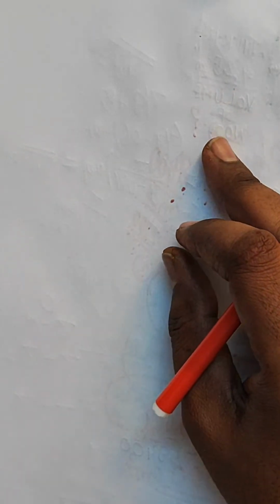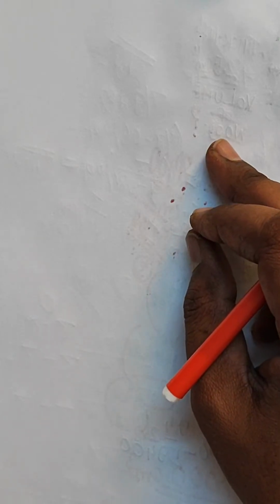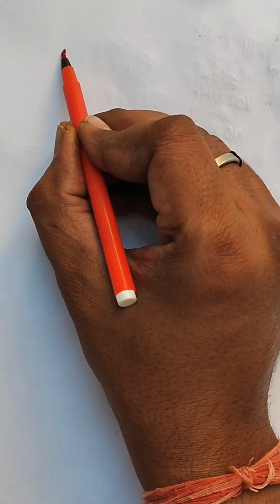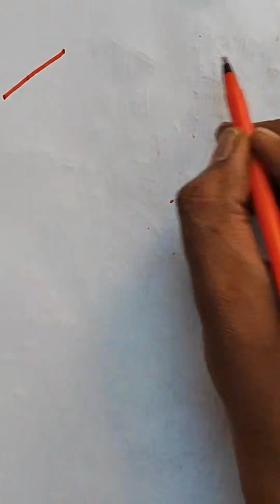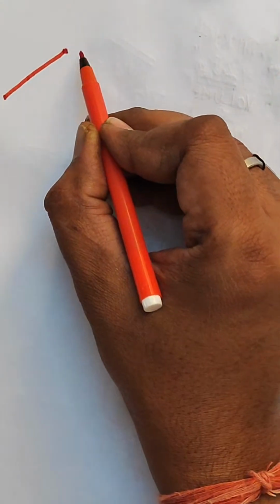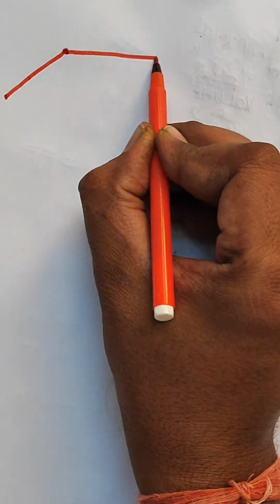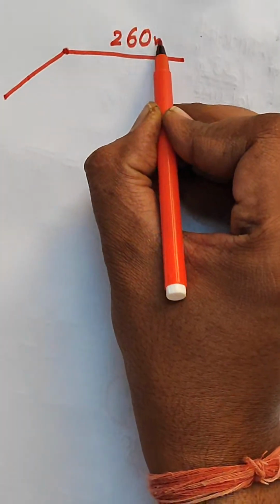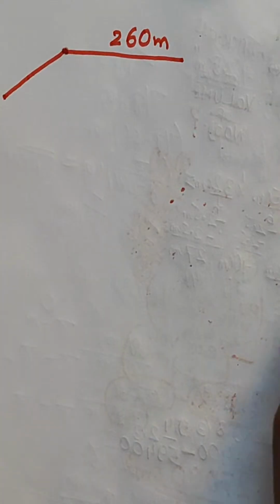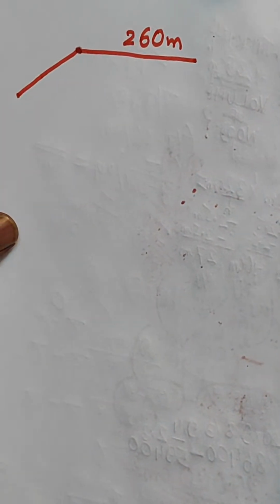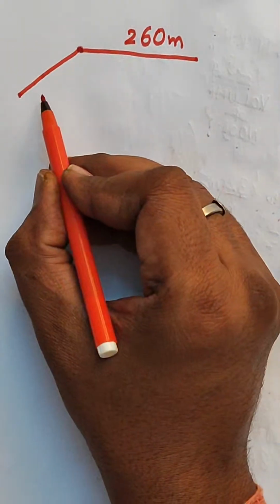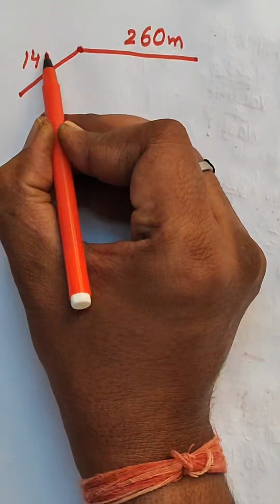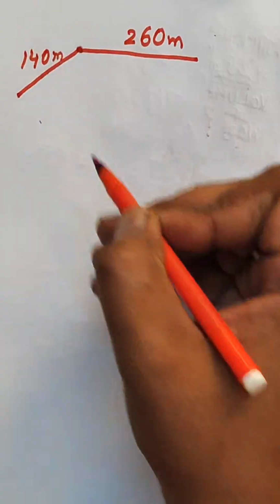No problem. So a swimming pool is 260 meters long and 140 meters wide. So a swimming pool is there, 260 meters in length and having a width of 140 meters, right?